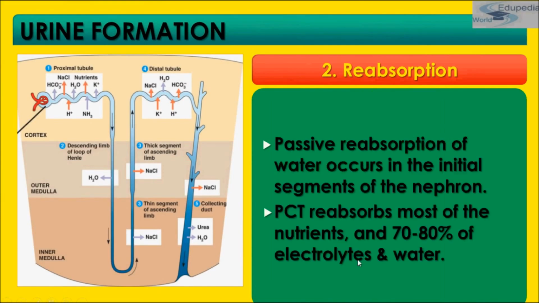And one more thing, the passive reabsorption of water occurs in the initial segments of the nephron, I have told you. This is PCT, the proximal convoluted tubule. It reabsorbs most of the nutrients and 70 to 80% of the electrolytes and water.